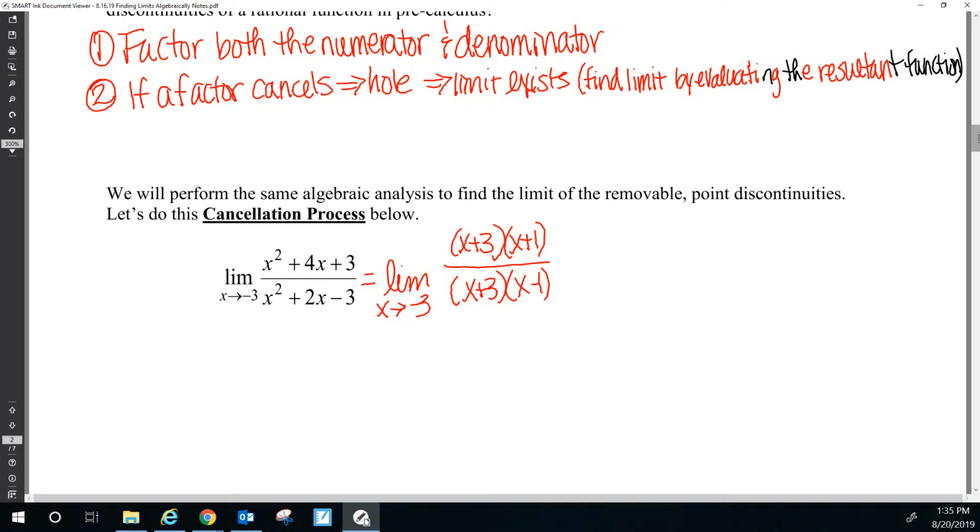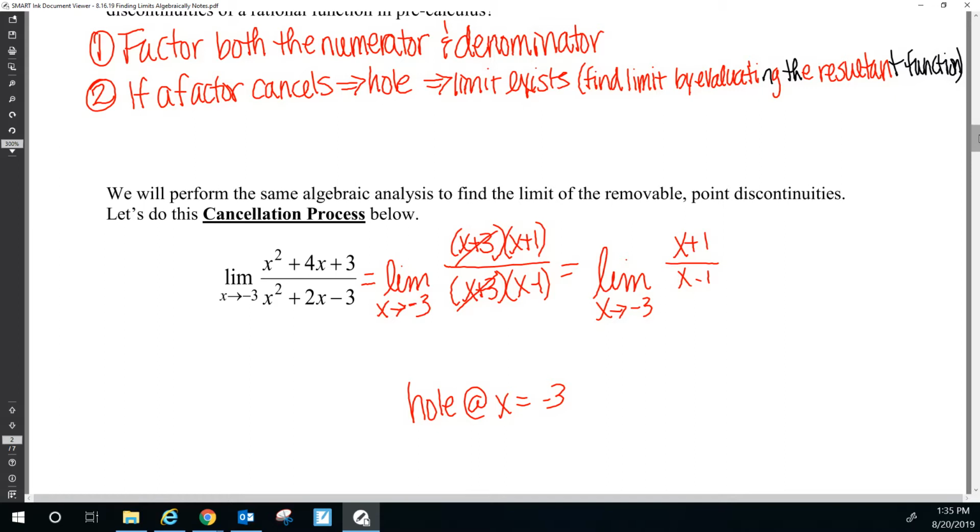All right, so we factored it out, and we have a factor that cancels, and that happens to be where we're looking at, which is great. So if it cancels out, we know that we have a hole. From this, we know there's a hole at negative 3, sorry, negative 3. Make that more clear.